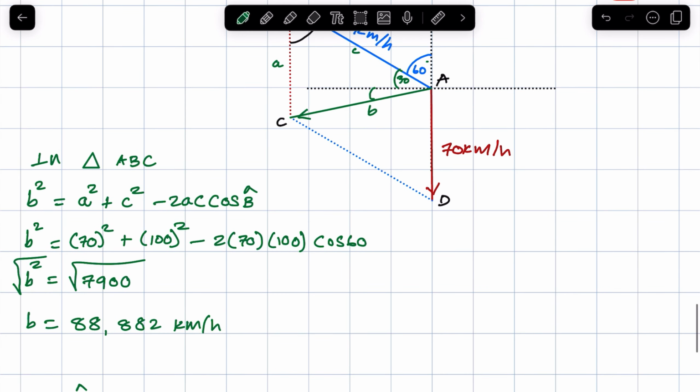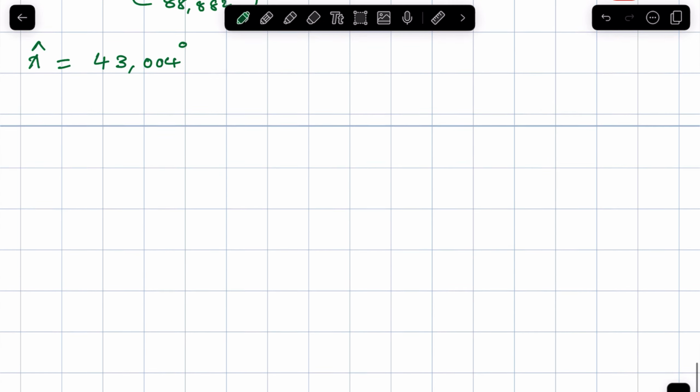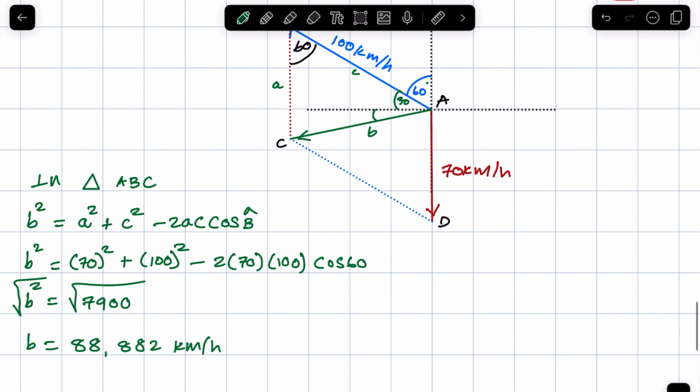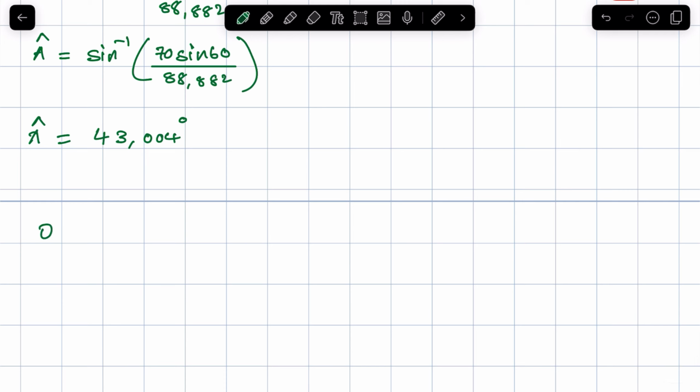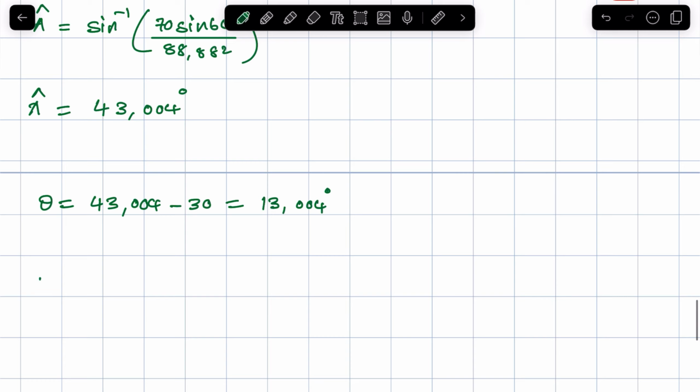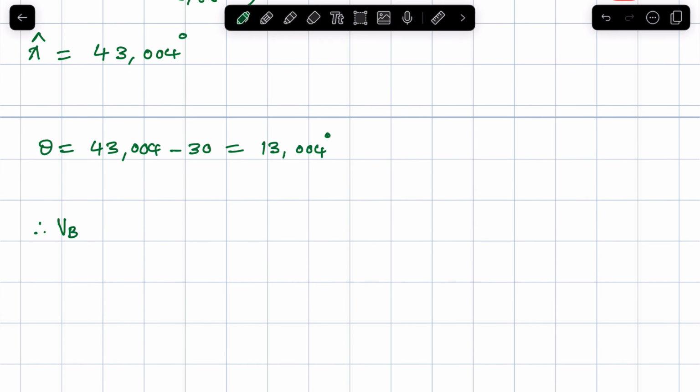So to get this angle, let's call it theta. Theta is equal to the 43.004 minus the 30 degrees, which will then be equal to 13.004 degrees.